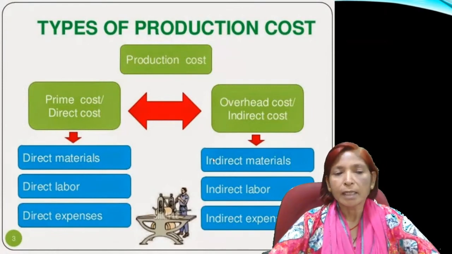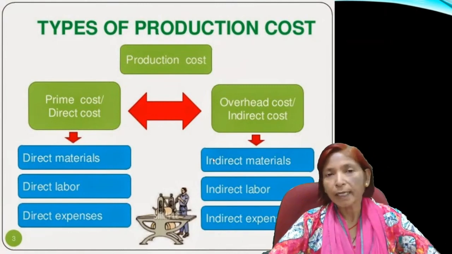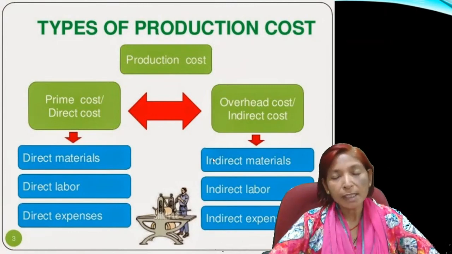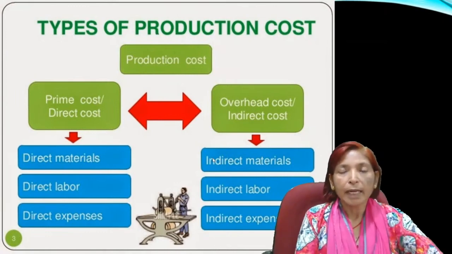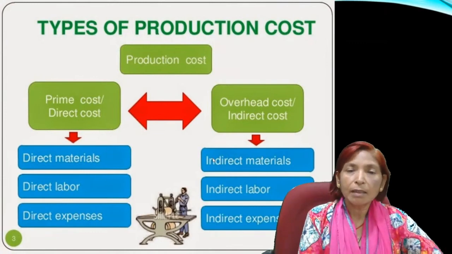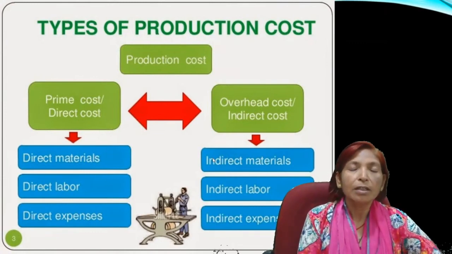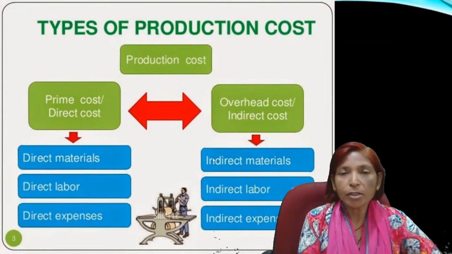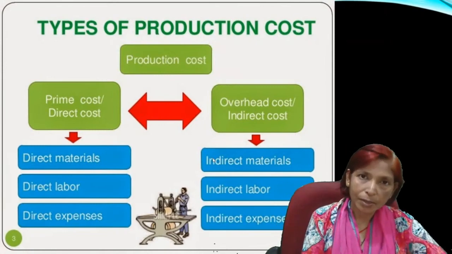Next is direct material. A producer uses direct material which can be seen, which is tangible in nature. If we put direct labor, direct raw material, and other factors which are useful for the production of goods and services, that cost is called direct cost.